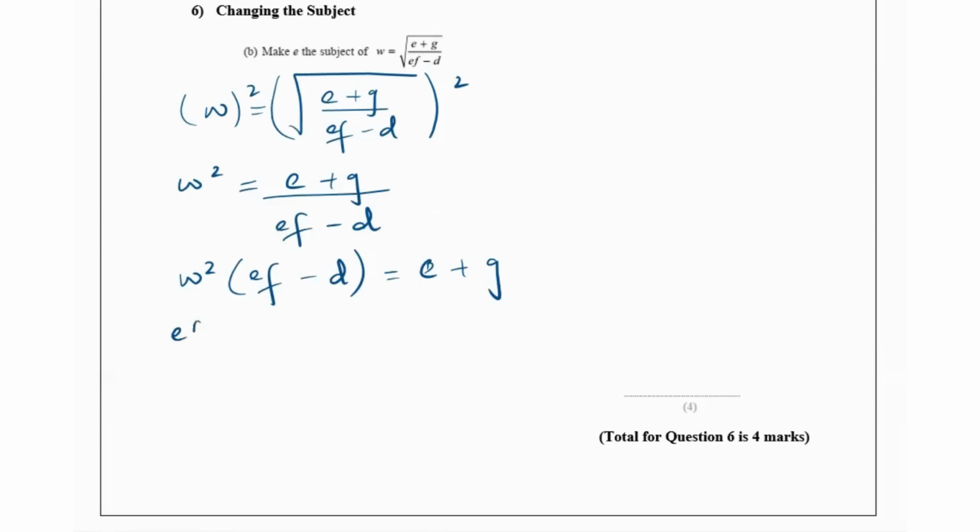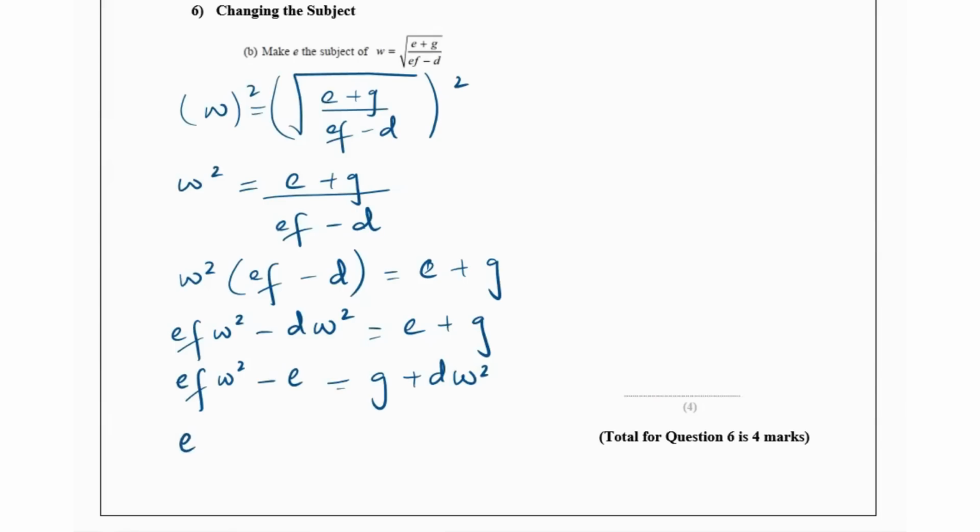Expand the bracket. EF W squared minus D W squared equals to E plus G. Since we have to make E the subject of the formula, let's collect all of the terms with E on one side. So EF W squared minus E equals to G plus D W squared. Now we take E common on the left hand side. So that's going to give us E bracket F W squared minus 1 equals to G plus D W squared.